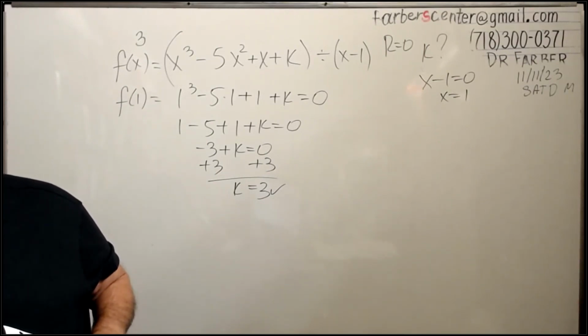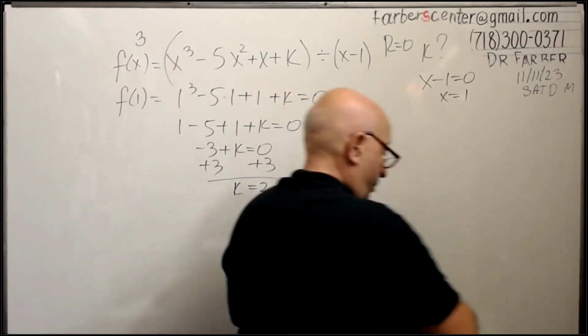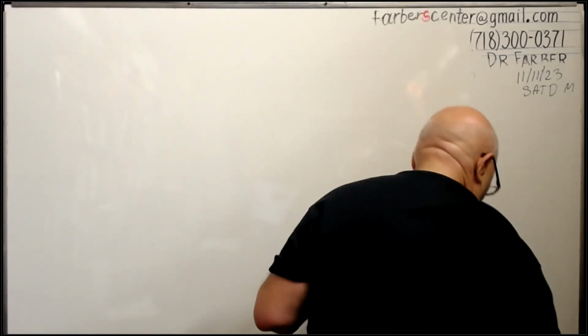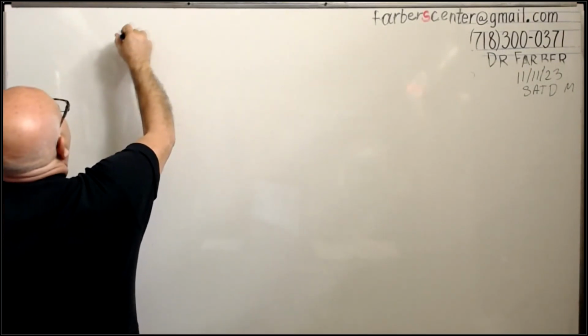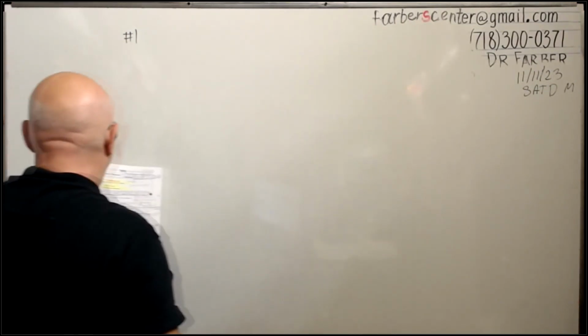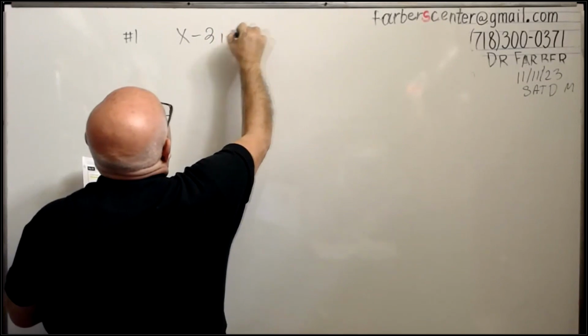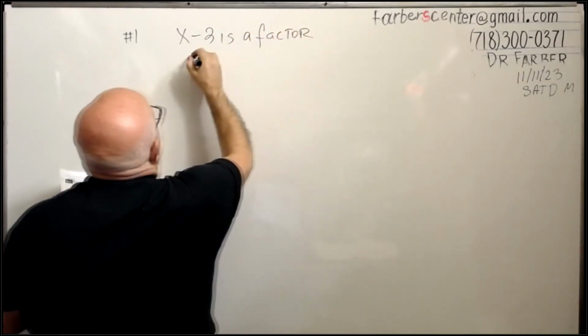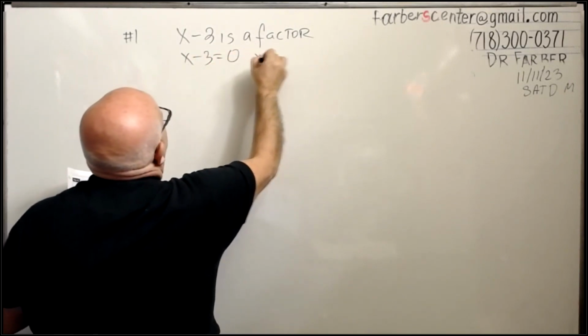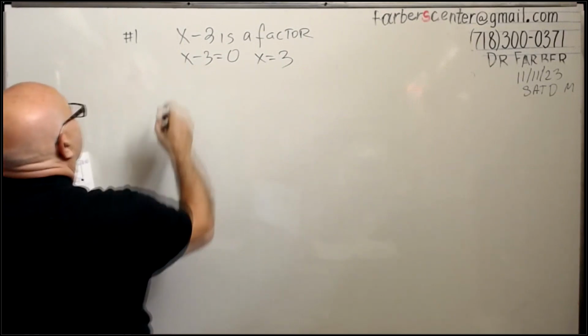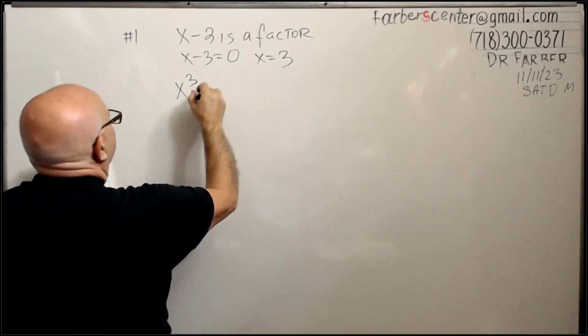Number 1. X minus 3 is a factor. If x minus 3 is a factor, you can instantly find that x minus 3, set up this x equal to 3, of the equation of x cubed minus 4x plus k.